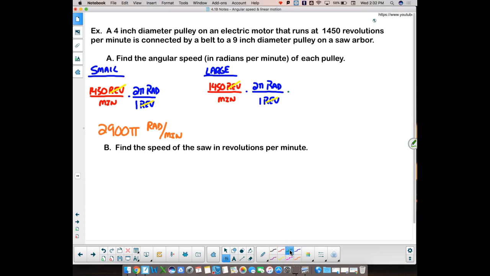And 1 radian, now remember I'm still on the small wheel, what's the radius of the small wheel? 2 inches.